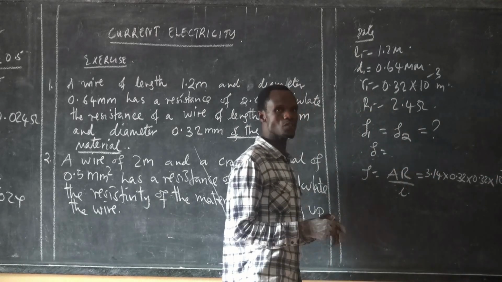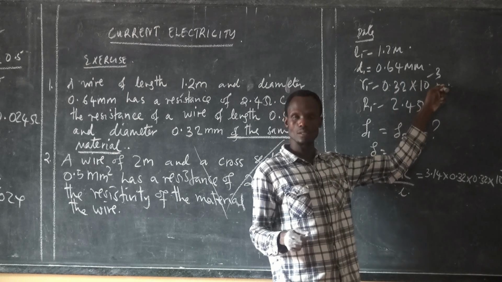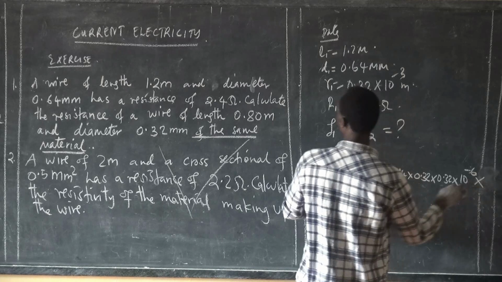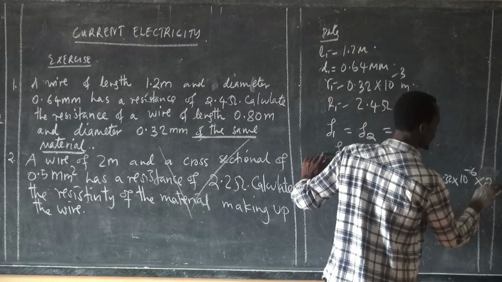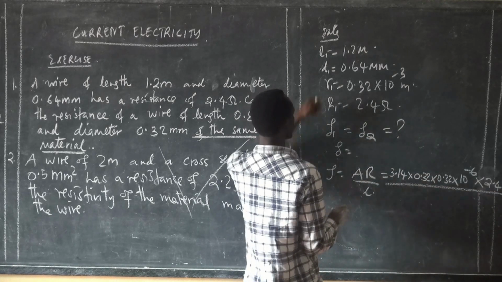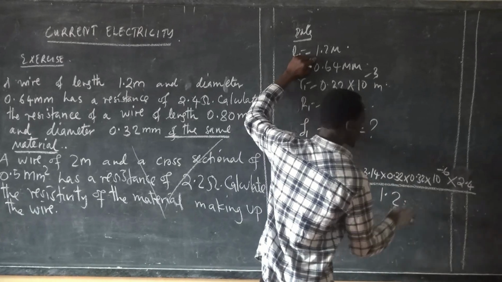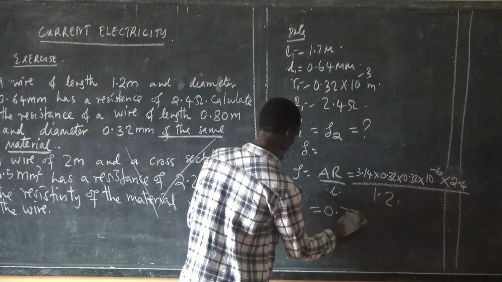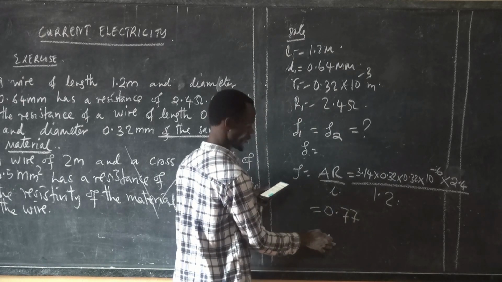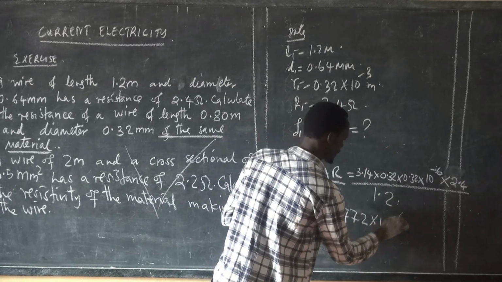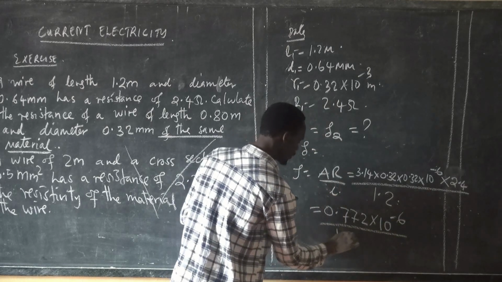Why 10 power negative 6? Because it is squared. Now times resistance of the wire. Resistance of the wire is 2.4 over length of the conductor. Length of the conductor is 1.2. After multiplying that one, you get 0.77, we can approximate, 72 times 10 power negative 6 over 1.2.